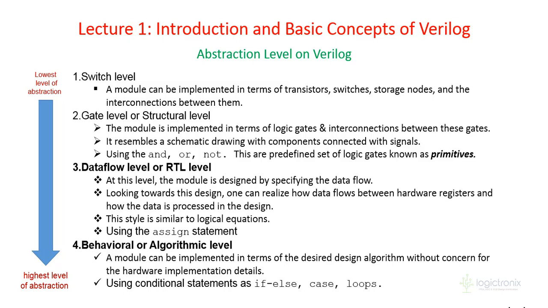Basically Verilog is derived from the C language, so it is like the C programming language, and we can use the behavioral algorithmic level of abstraction. So these are the four abstraction levels, while we will talk about data flow and behavioral in this session.